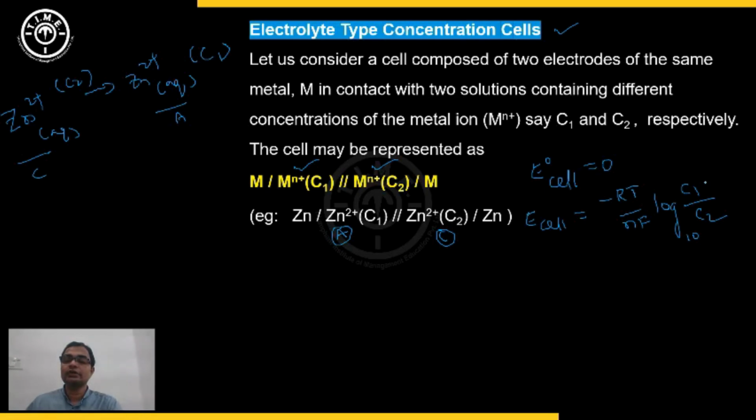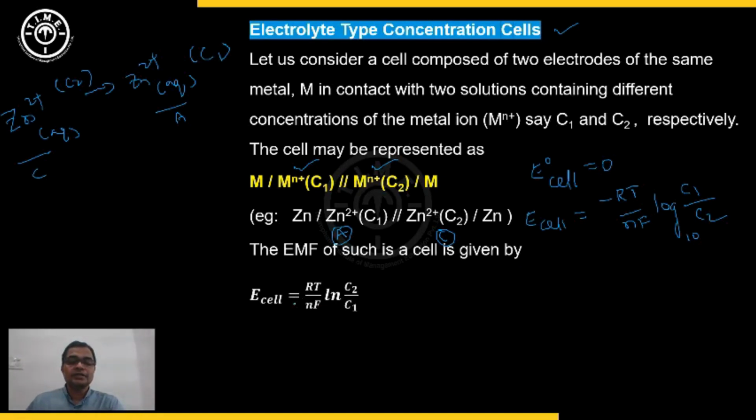Now C2 moves to the numerator, C1 comes to the denominator, minus becomes plus. Then what you will get here? EMF of the cell is equal to RT by nF, minus becomes plus, so log of C2 by C1. Here C2 moves to the numerator and C1 comes to the denominator. Then minus becomes plus. Okay?